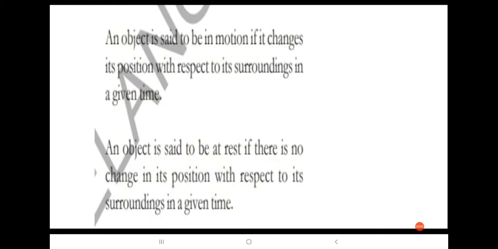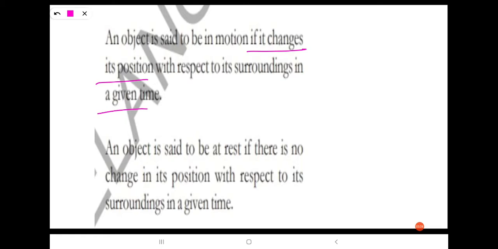An object is said to be in motion if it changes its position with respect to its surroundings in a given time. Now, when will we say the object is at rest?